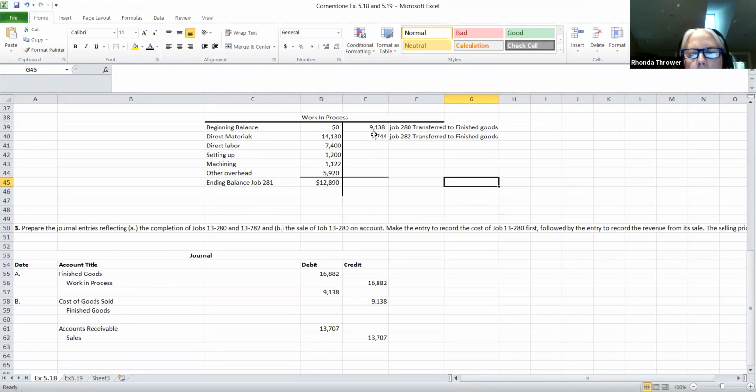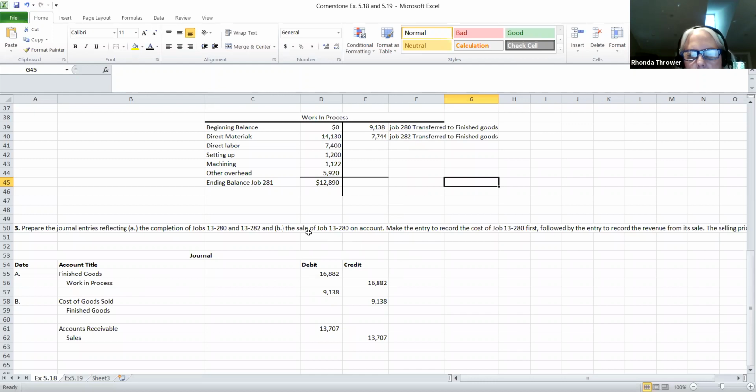So the total of these two jobs added together is $16,882, which would be debited to finished goods, because finished goods is an asset account. You're increasing the balance of finished goods, and then you're crediting your work in process for the total of these jobs, which was $16,282 together.